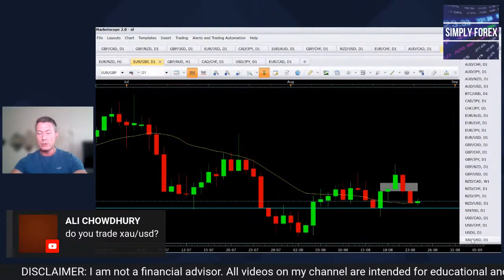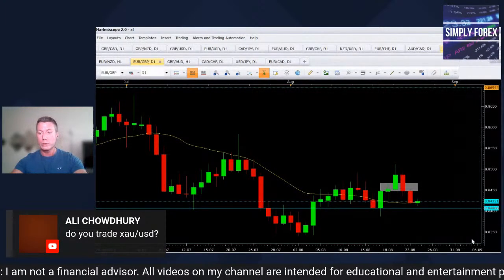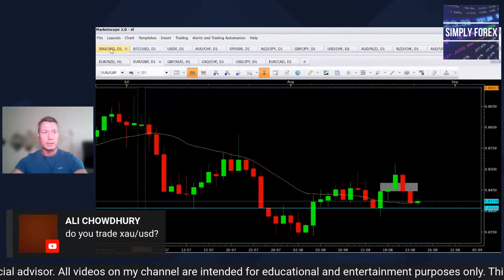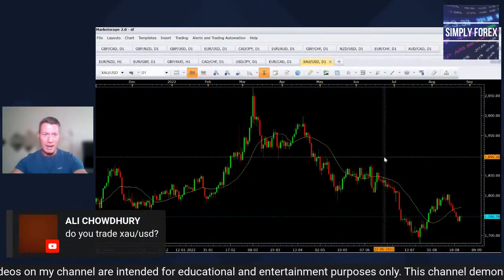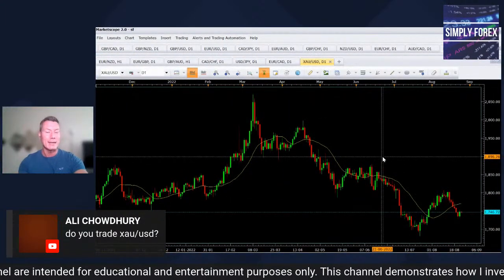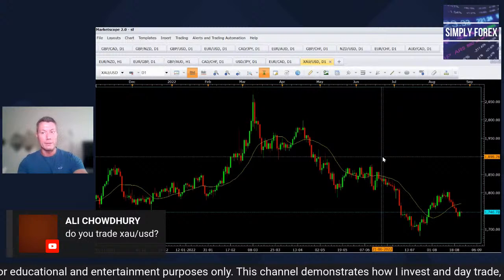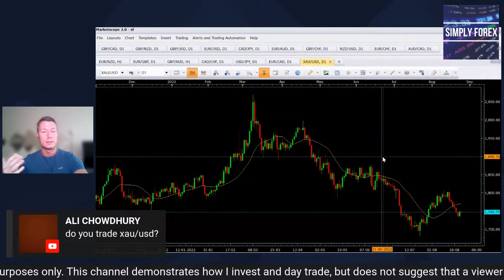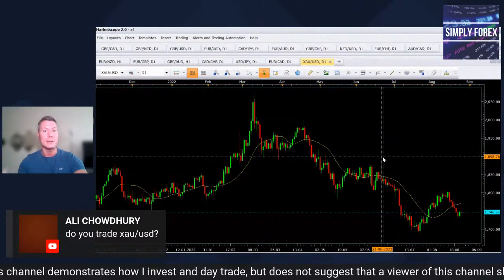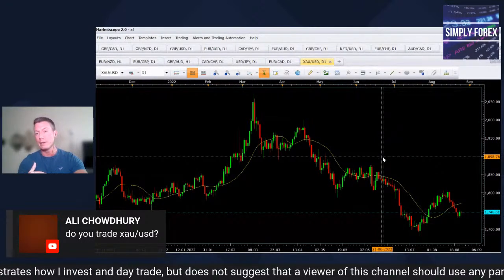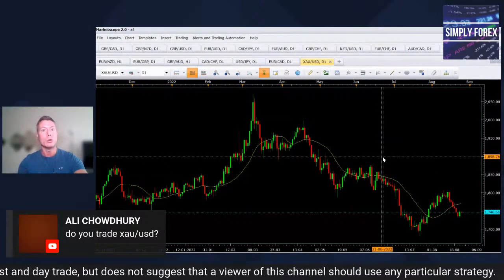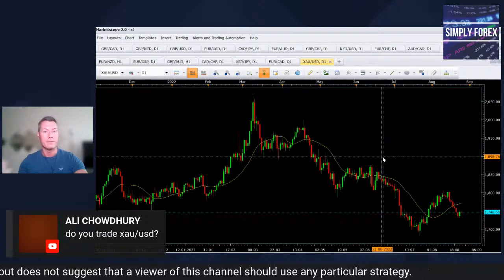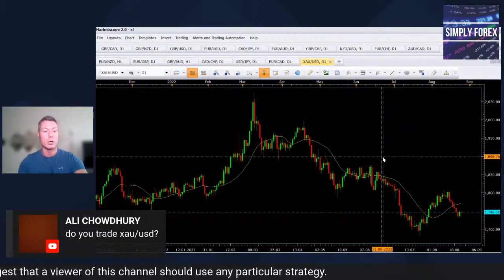Just quickly, guys, while we look at some questions, we got this question here. So this is the gold chart. I have it open because it's a good indicator of whether the economy is in total chaos or not. Gold is a flight to safety currency. If the economy is crashing, gold will gain strength, and vice versa. If the economy is doing well, gold will be weak.